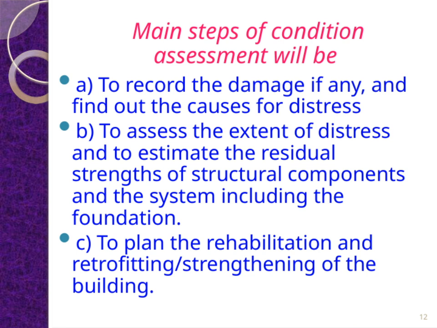This step is vital for understanding the remaining capacity of the building. Finally, based on this assessment, we can plan the necessary rehabilitation, retrofitting, or strengthening measures to ensure the building's safety and functionality. These steps form the core of a thorough condition assessment, guiding us toward appropriate repair strategies and helping us connect the dots between damage, cause, and corrective action.